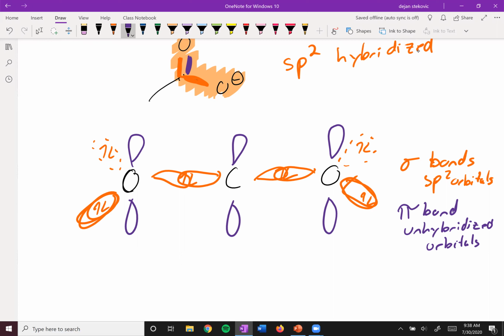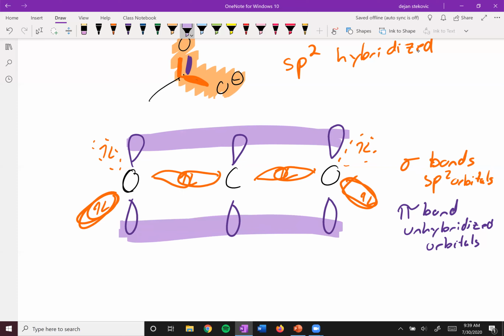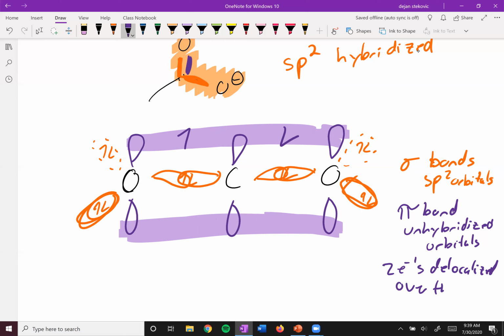And that's where these electrons are at. It's not that these electrons are only here and here, but they're actually throughout the whole system, right? We have this kind of 3 pi orbital bond where these electrons are just kind of hanging out over the whole area of these bonds, right? So these 2 electrons are delocalized over the system.